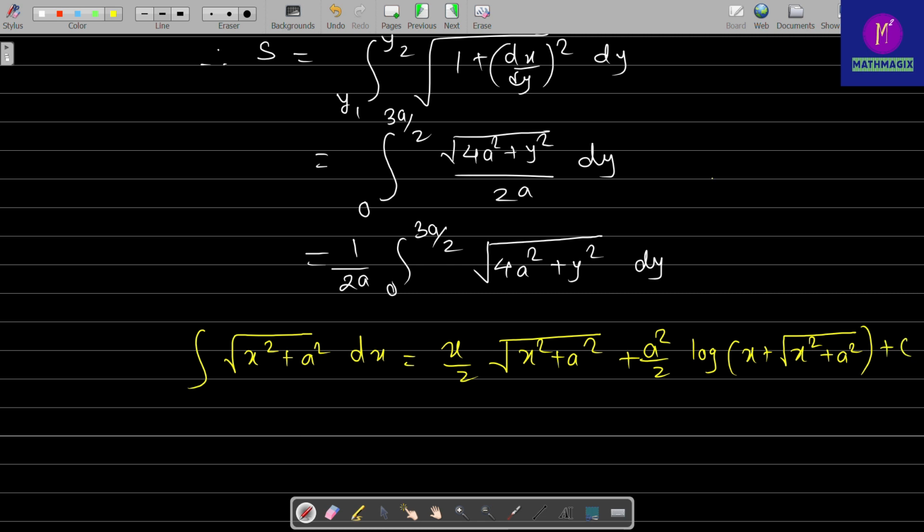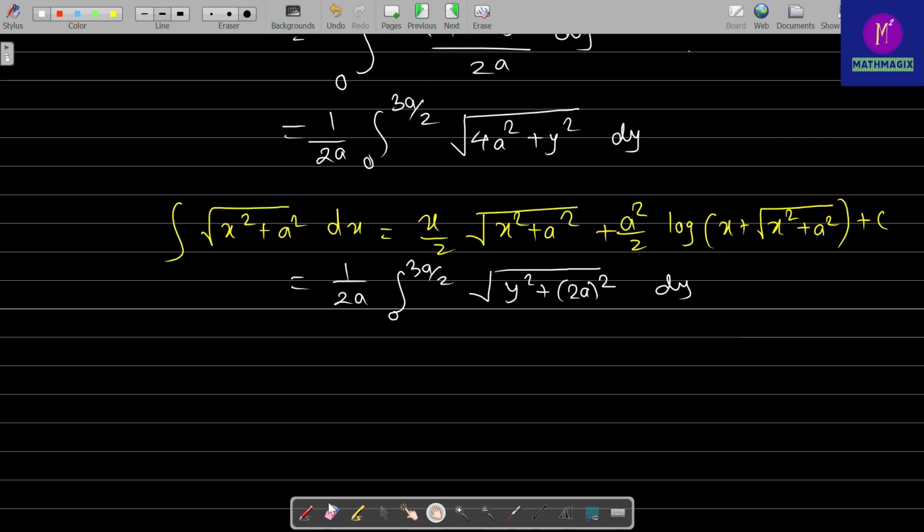So let us use this formula in this integration. Let us first write this in proper order: 1 upon 2a, 0 to 3a by 2, and I'm going to write this as square root of y square plus 2a the whole square dy. So it is like x square plus a square.